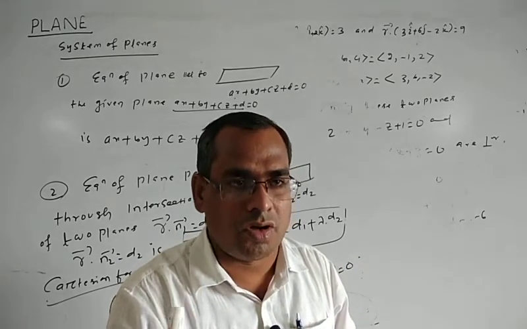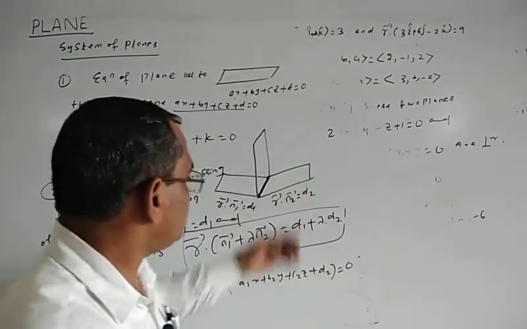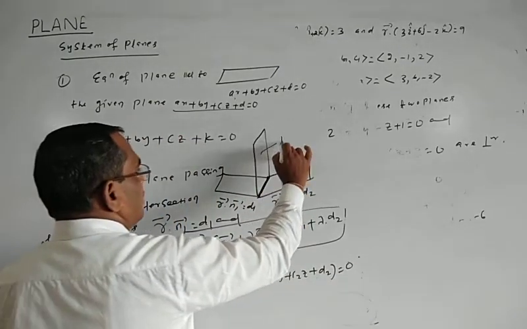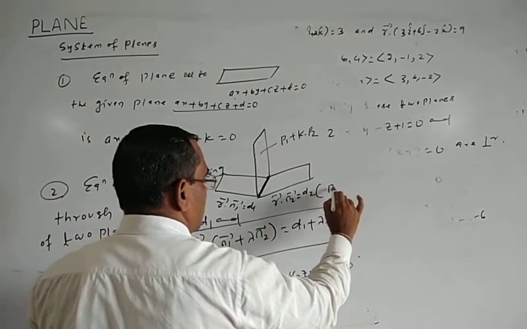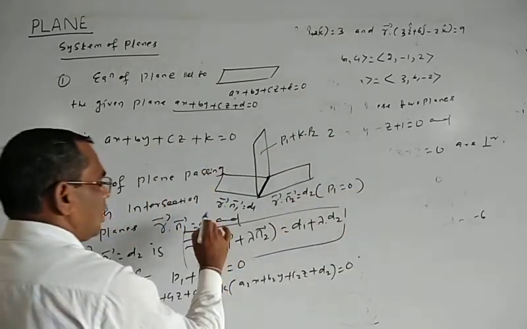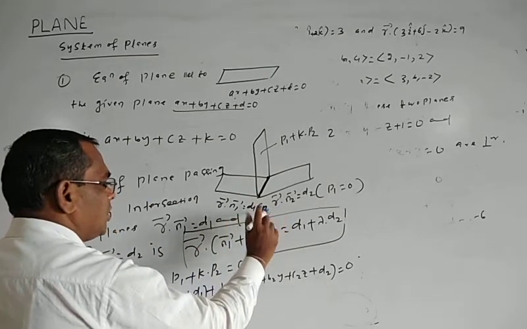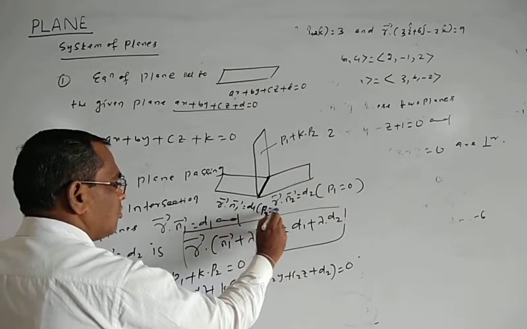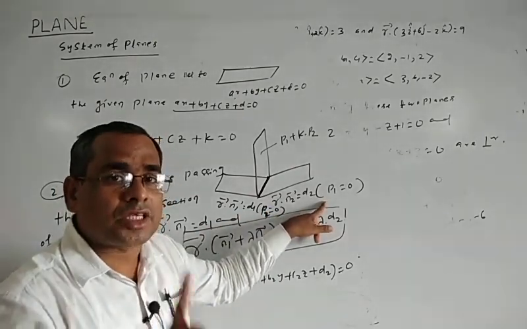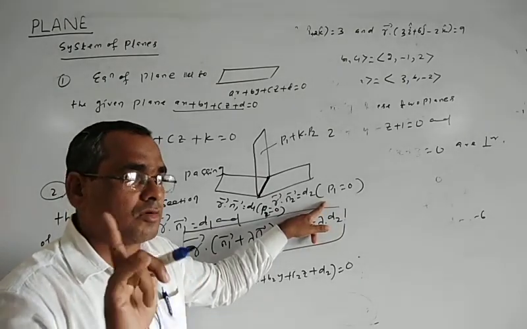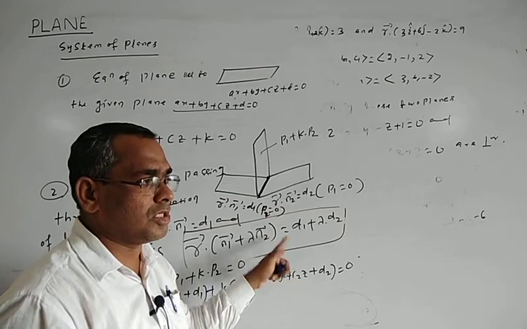The plane formed in the intersection of the planes P1 equal to 0 and P2 equal to 0 is P1 plus P2 is equal to 0, and its Cartesian form: P1 means A1x plus B1y plus C1z plus D1 equal to 0, and P2 is A2x plus B2y plus C2z plus D2 equal to 0.